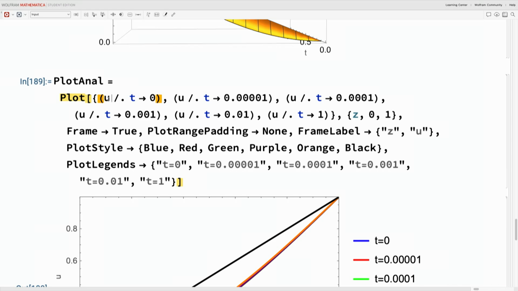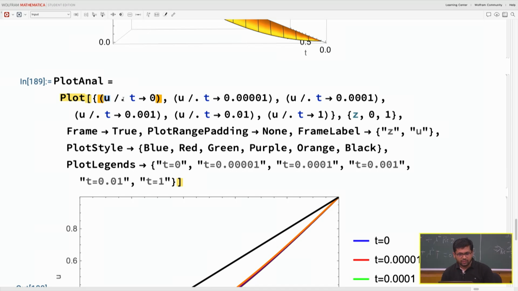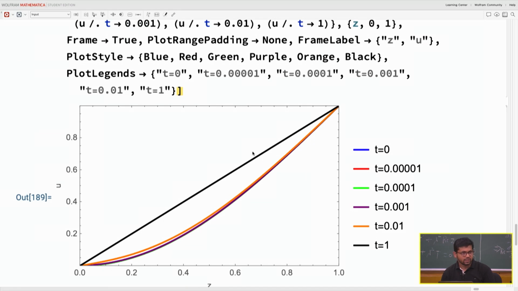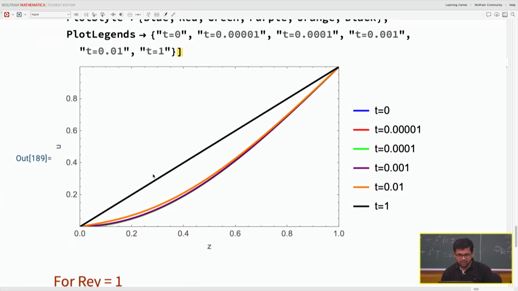In u, because u is a function of t and z, wherever t is there I will replace it with t equal to 0 with this command. Similarly, in the second case I will replace t with 10 power minus 4, and similarly I have taken 3-4 values of t and plotted how u varies in z, and you can see what the velocity profile looks like.